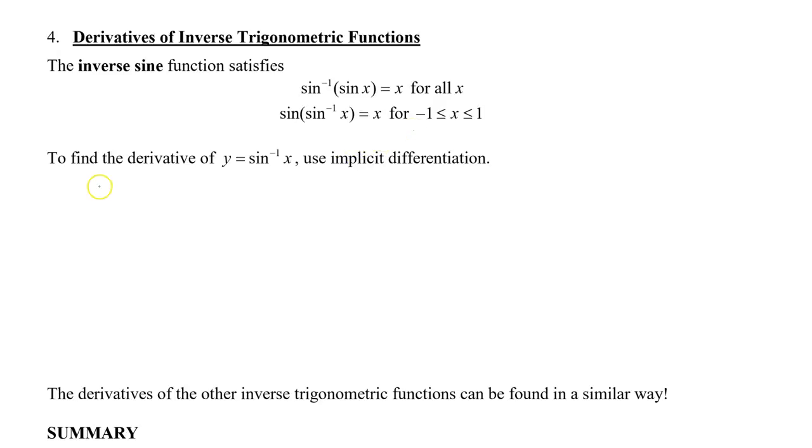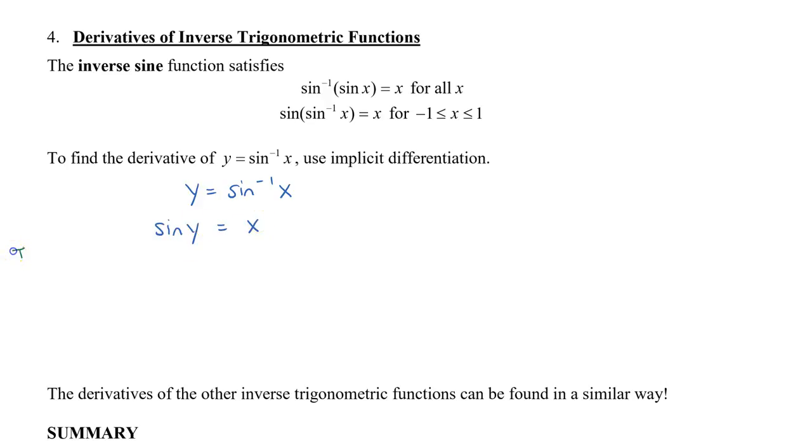So now we're going to take a look at how to find the derivative of the inverse sine x. To do this, we need to use implicit differentiation. So let's rewrite the function that we want to find the derivative of. I'm going to move the inverse sine back to the left side, so this will be sine y equals x.